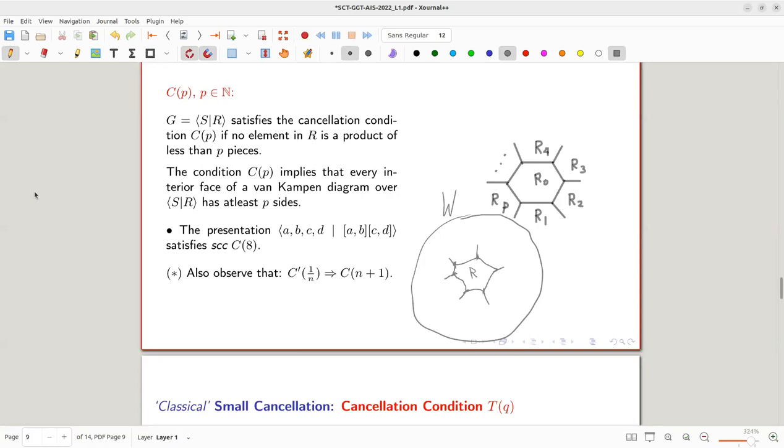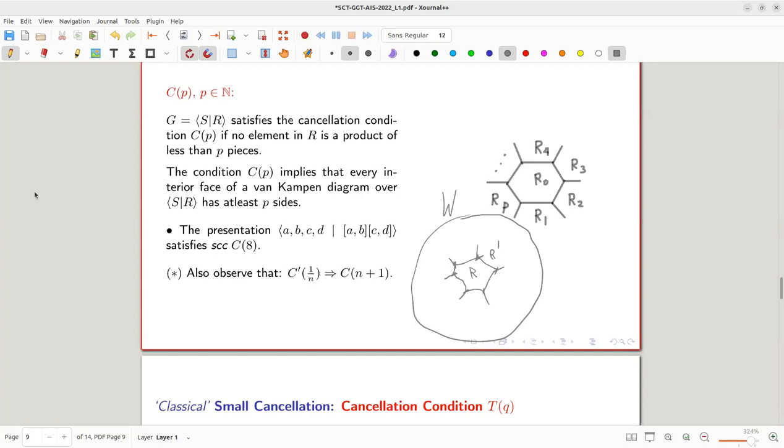Now, whichever it borders has to be a piece, right? Because it is some other element, say R prime, and what was the definition? That where we have a common subword, and this is a common subword, isn't it? We cannot border with any other relator along a non-subword, right?